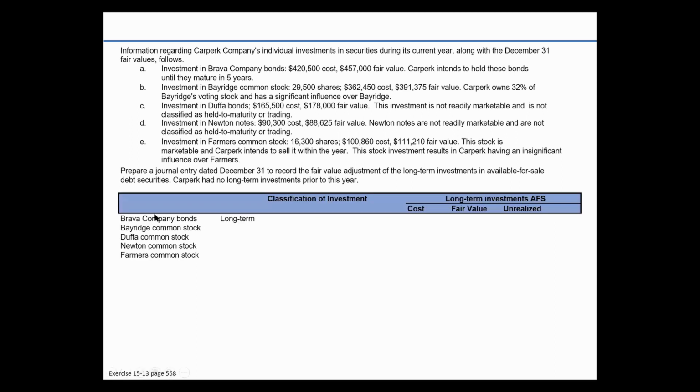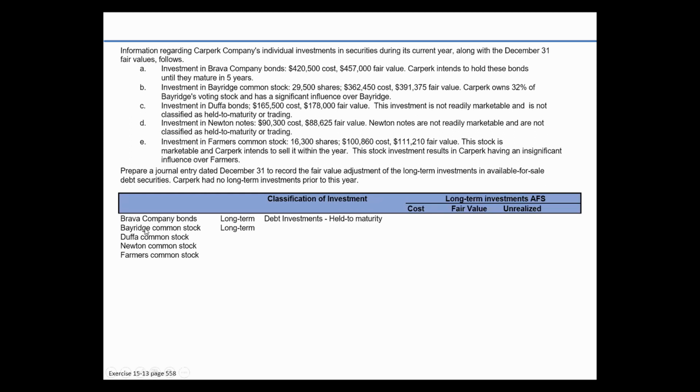So we break everything down and we look at the different bonds that they have. The first one is the Brava company bonds. That's a long-term debt investment that's held to maturity, because it says here investment in Brava company bonds, and they intend to hold the bonds until they mature in 5 years.